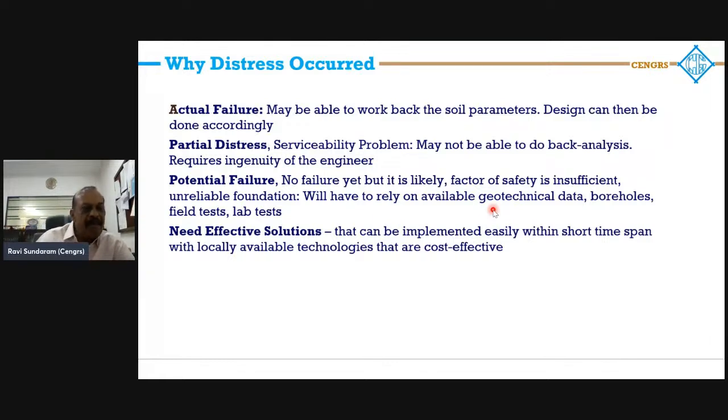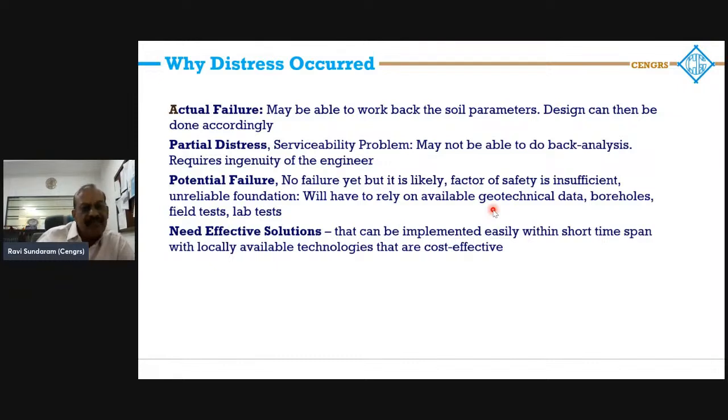Now, if there is a partial distress, a serviceability problem, you may not be able to do back analysis, but you have to have enough ingenuity to identify the causes of what has triggered something which could be a big disaster, and solve the problem right before that happens.